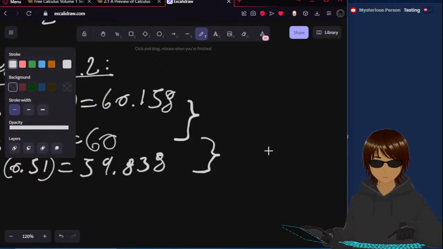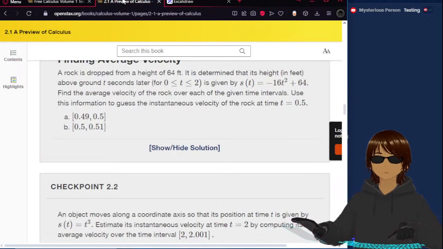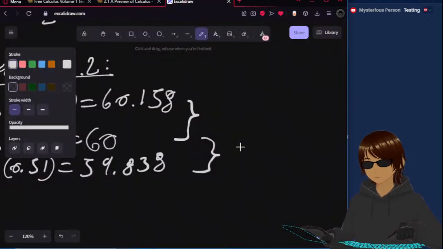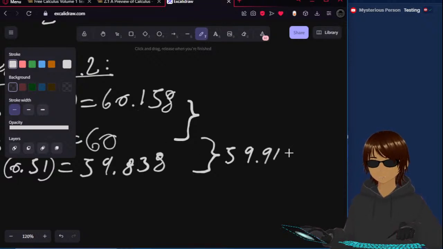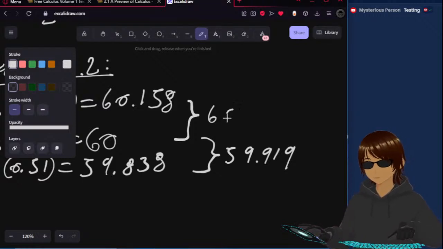So this is 59.919, and the other one averages 60.